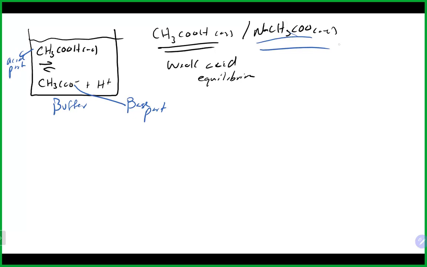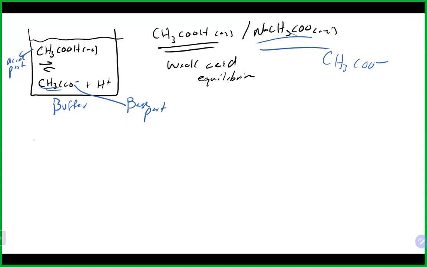Sodium acetate is a source of acetate. So you're basically bulking up the amount of acetate that is present in that solution by adding some sodium acetate in there together. So because it involves a weak acid or a weak base, it's able to set up this equilibrium. It's able to keep both parts of that in solution. The acid part of the buffer and the base part of the buffer are able to actually remain in solution.